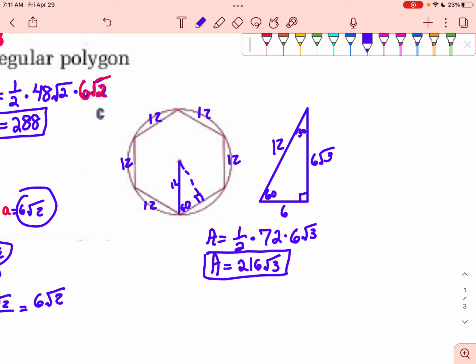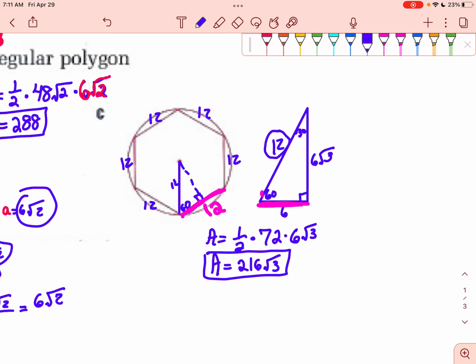My last one over here, again, so this is a regular hexagon. They told me the radius is 12, so you can see I drew that in there. I put my 60-degree angle in there. I set up my equation. Because the base down here, this pink side is 6, this piece is 6, meaning this entire side has to be 12.